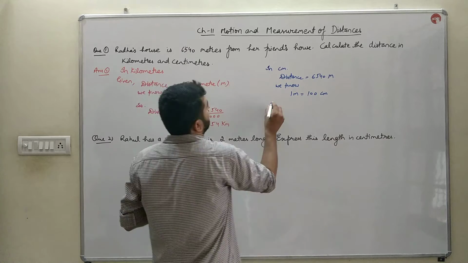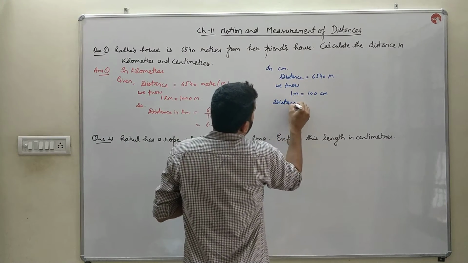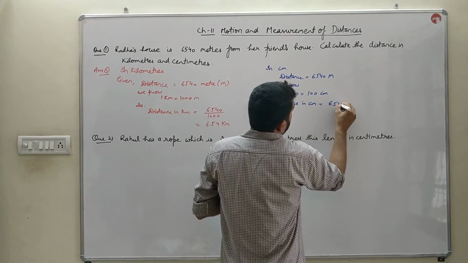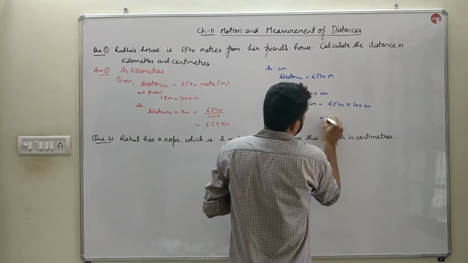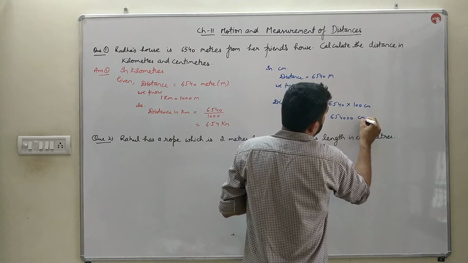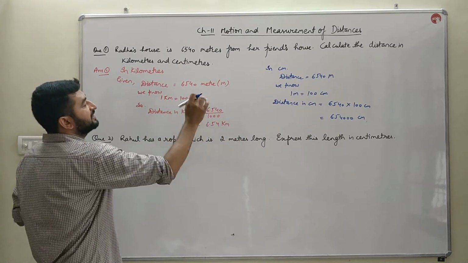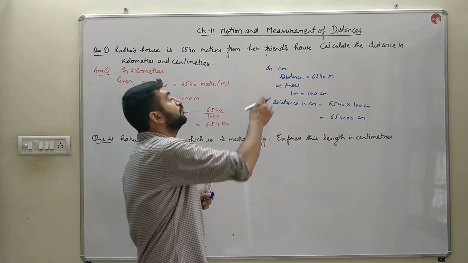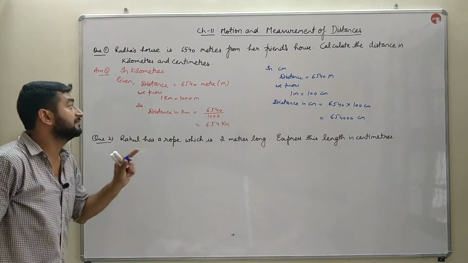Next, distance in centimeters. 6540 meter multiplied by 100 centimeters will be equal to 654,000 centimeter without the full stop. Units are always written without full stop. Do remember this. This is the rule to write the units. So the incorrect units are now corrected.